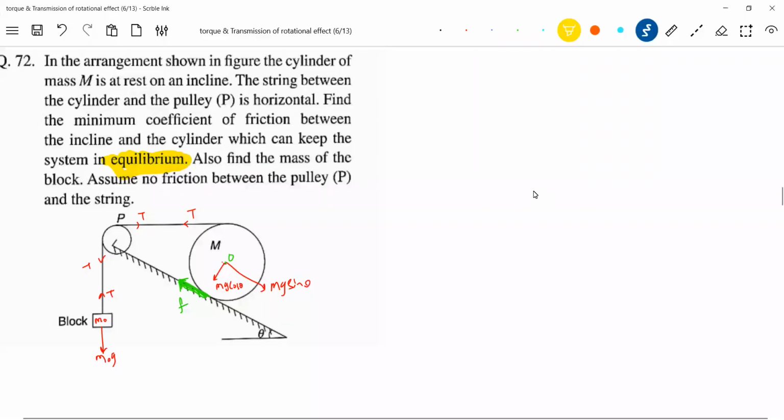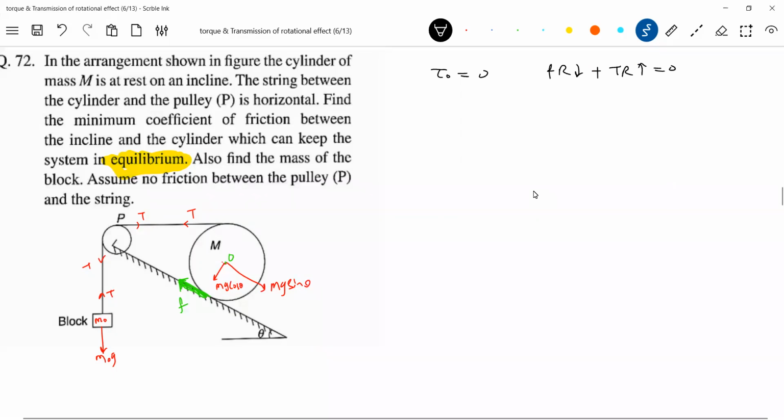So it's asking for the coefficient of friction here. Let's come to the net torque on the cylinder about O. It should be 0. Then the wall will set up torque F into R plus T into R. The tension will act tangentially to the cylinder, no?